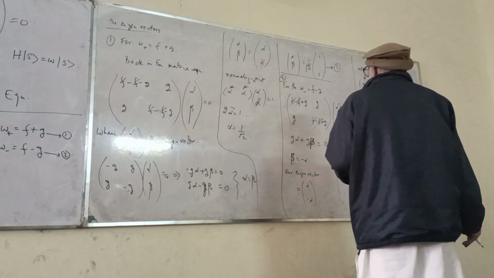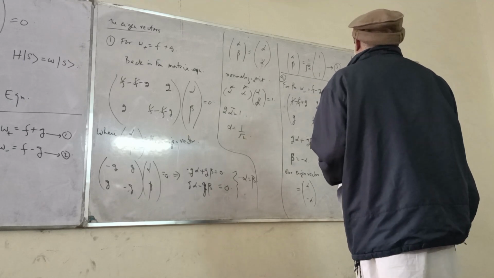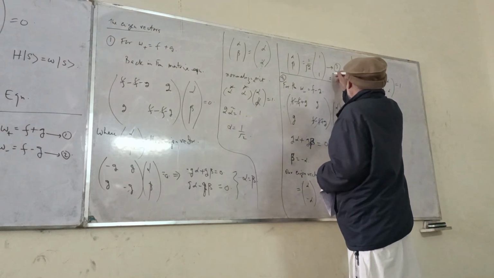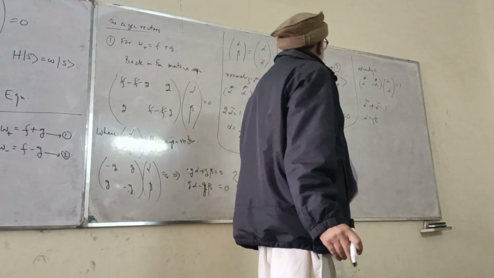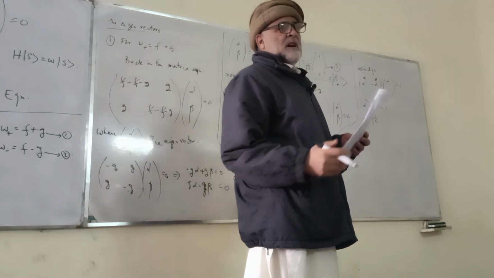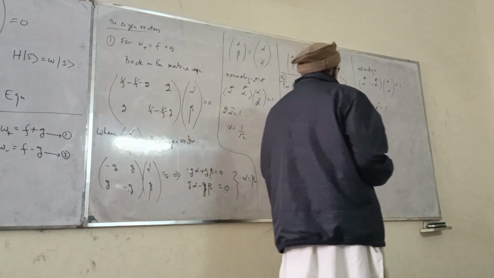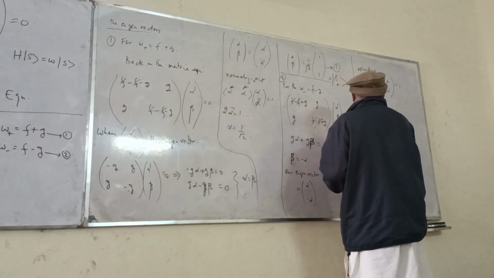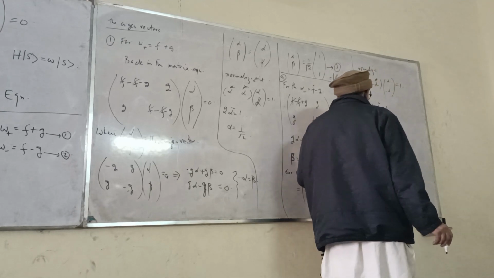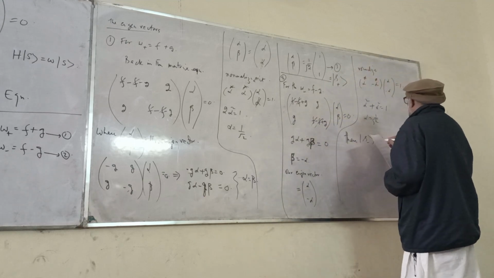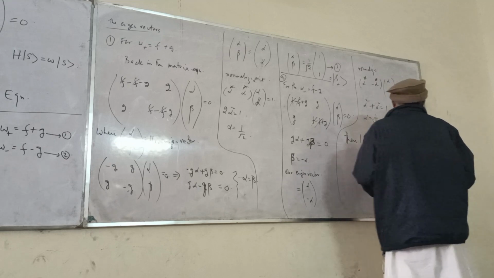So if I call this S plus, because this was for the higher value, then the other eigenvector will be equal to 1 over square root of 2 times 1, minus 1.